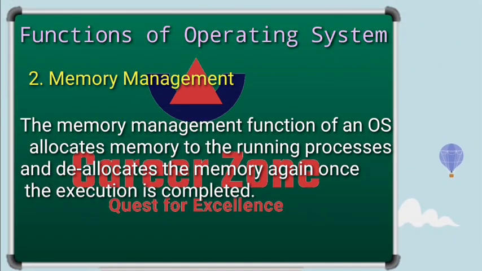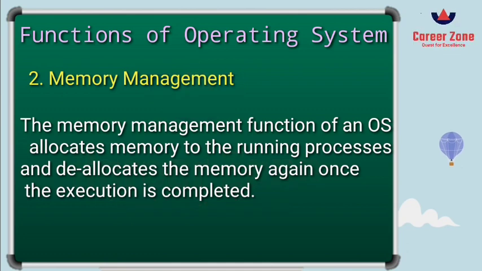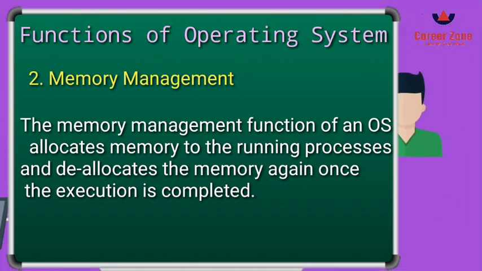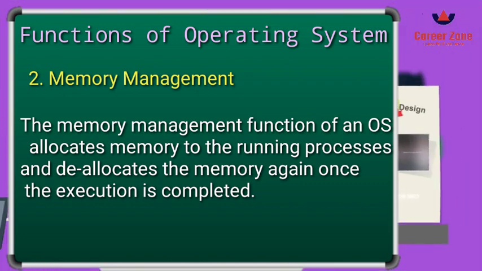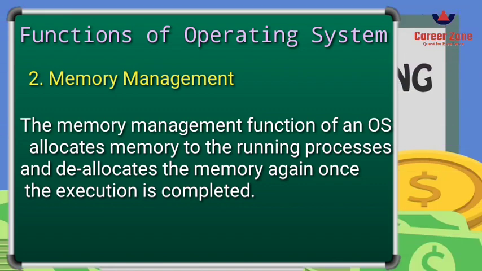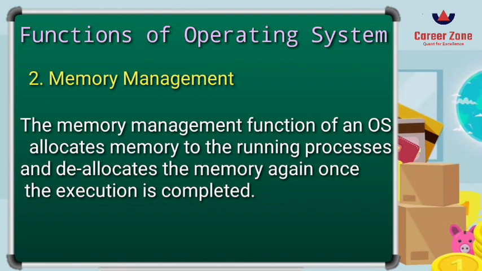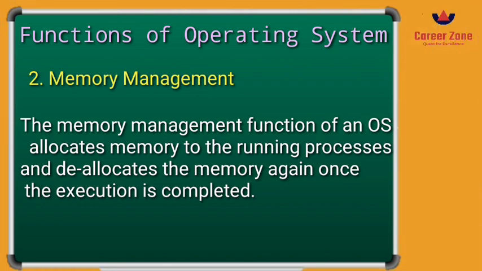Now when you close that file, that space becomes vacant and it is deallocated by the operating system only. So that task is done by the operating system. That is why we call memory management one of the functions of the OS: managing the memory, allocating and deallocating the memory for a particular process which is given or executed by the user.